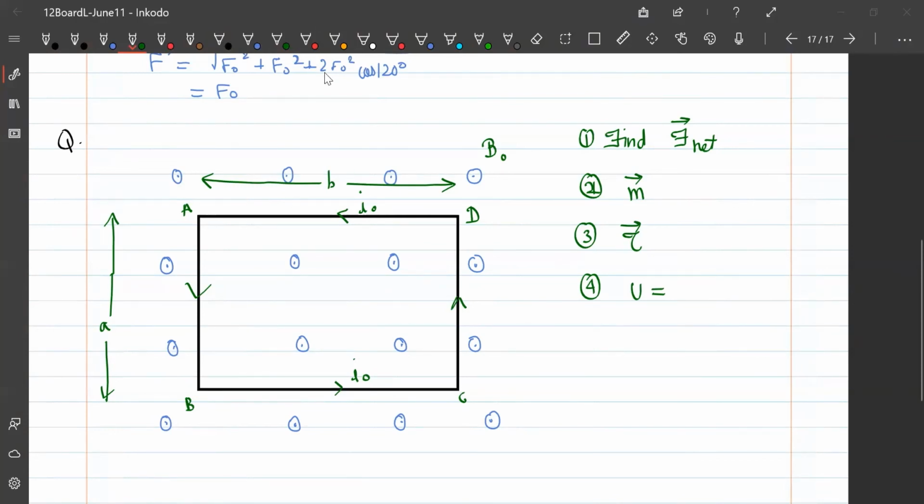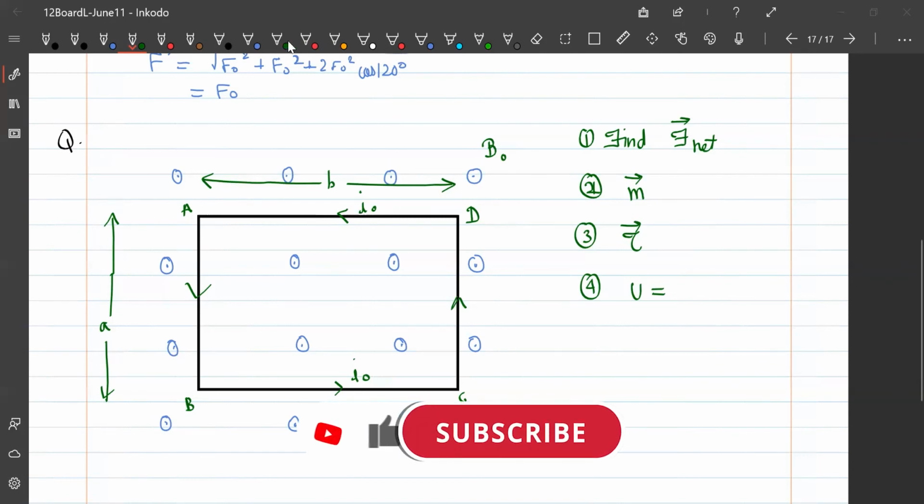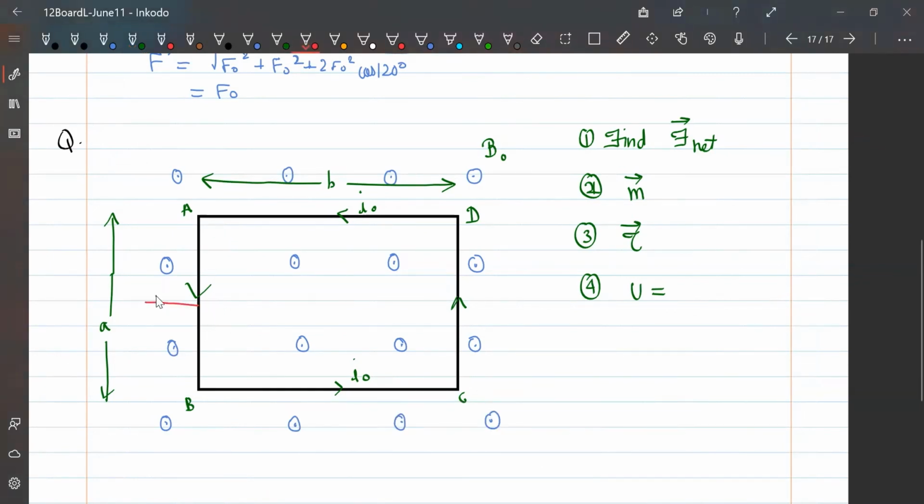So I'll calculate this quickly. Force on this part AB, it will be towards this side. I'll call it F. The value of F is I naught A B naught. And if we calculate force on CD, this will also come as F. So these two forces will cancel each other out.